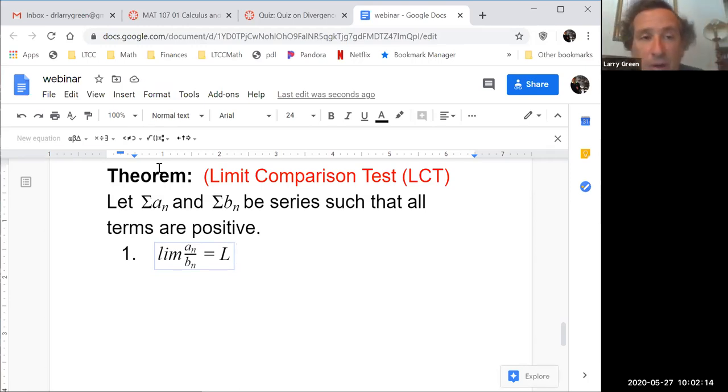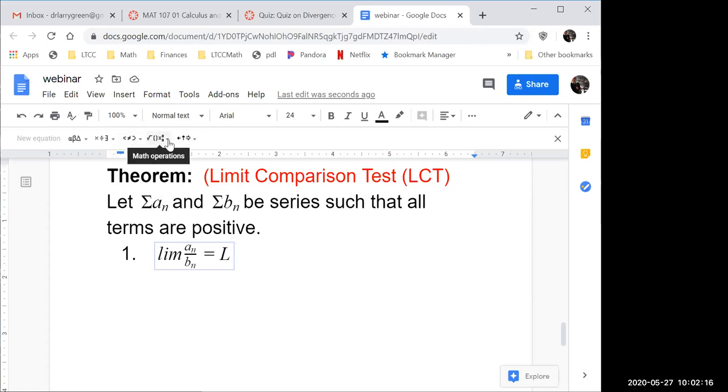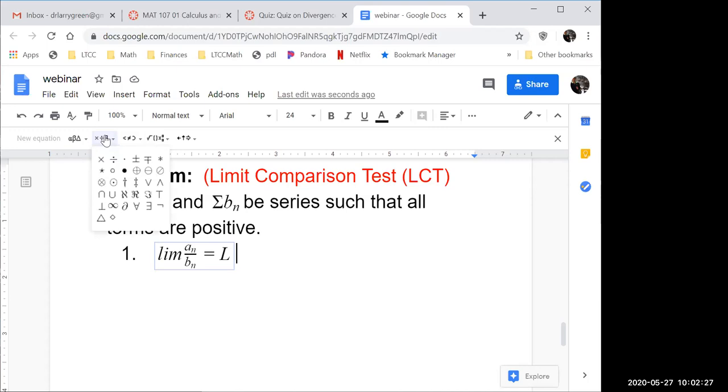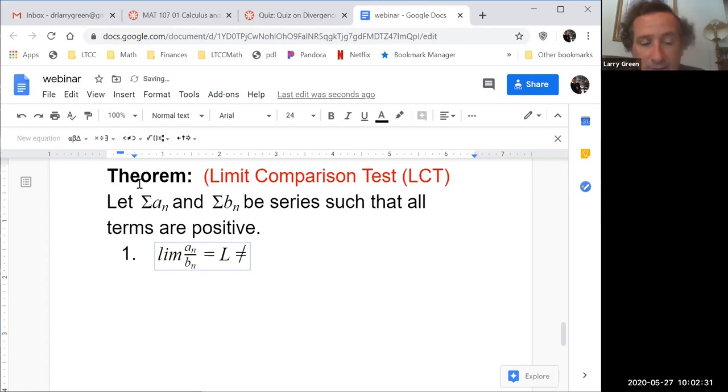We want it to not be 0. Because if it's 0, then that tells you that they're really not similar, an and bn. We want them to be similar. So we want it to approach 1. No, it could approach 7, that's fine. But not 0. So let's suppose we take the limit and we get a number, not infinity, not 0.